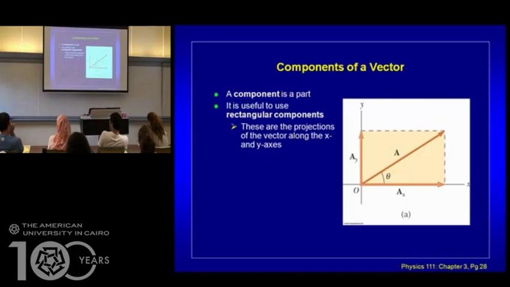They said vector A is 5 units along the x-axis, and I'm going to distinguish the x-axis by the letter I with a hat on top of it. We'll talk about what that means in a minute.